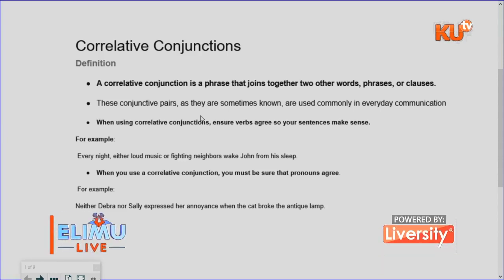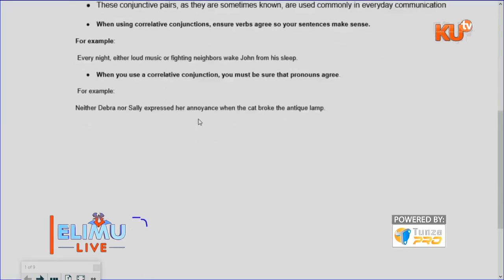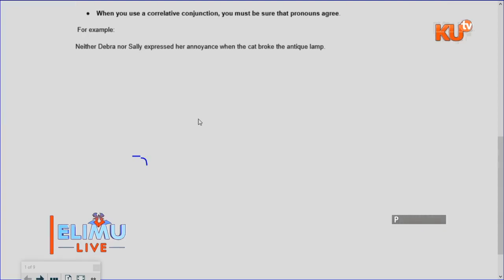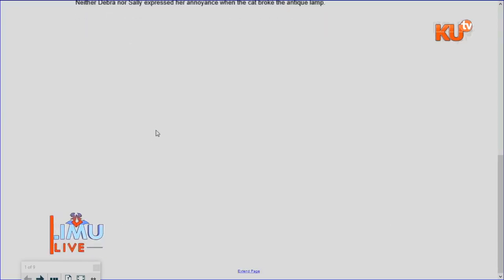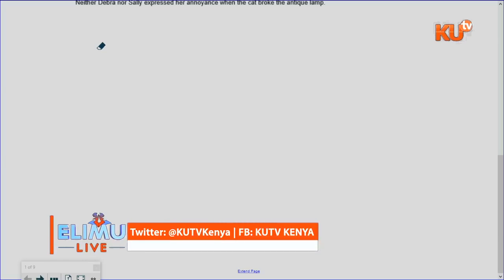Coordinating conjunctions are words that join independent words, independent phrases, and independent clauses. There is an acronym to remember these types of conjunctions, the coordinating conjunctions. That is, you write FANBOYS.